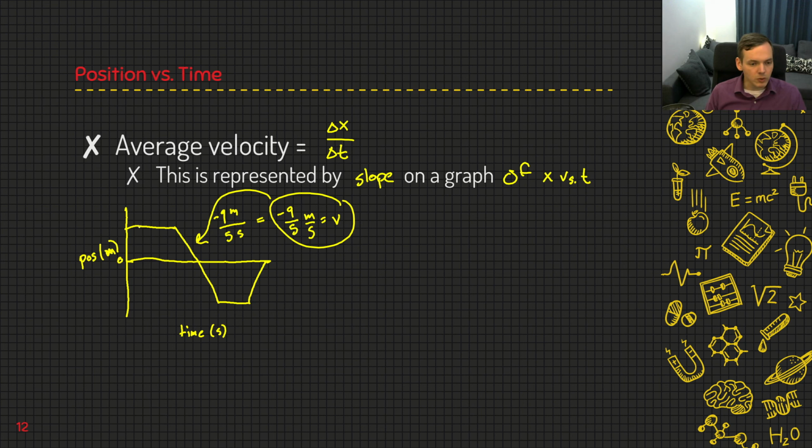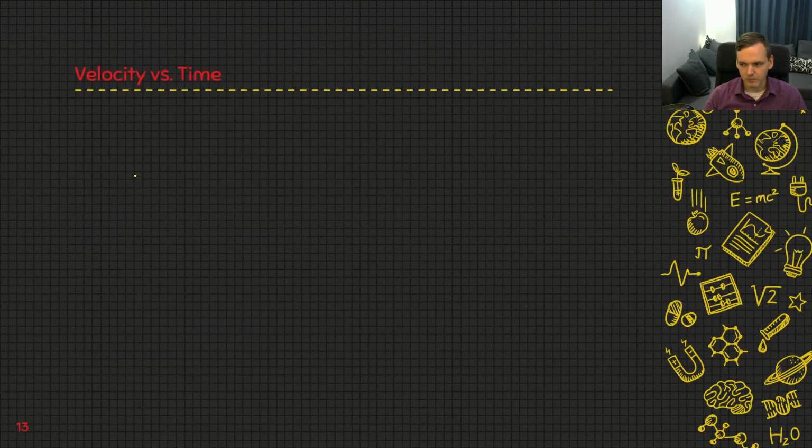We see that also works for this region because there's no change, so it's 0 meters divided by however long, so it's 0 velocity. So when you look at a position versus time graph, you can find the position by just looking at the graph and finding where an object is. You can also find the average velocity or the velocity by looking at the slopes.